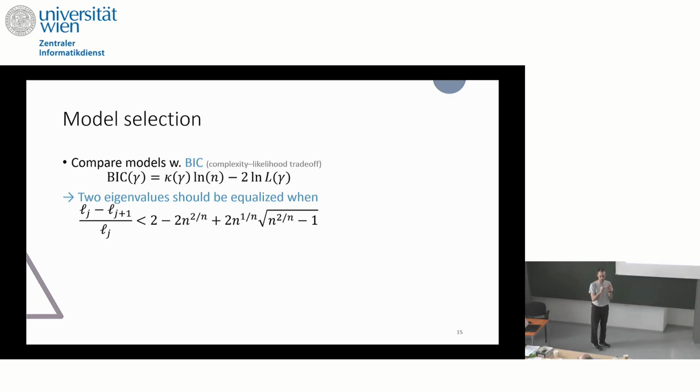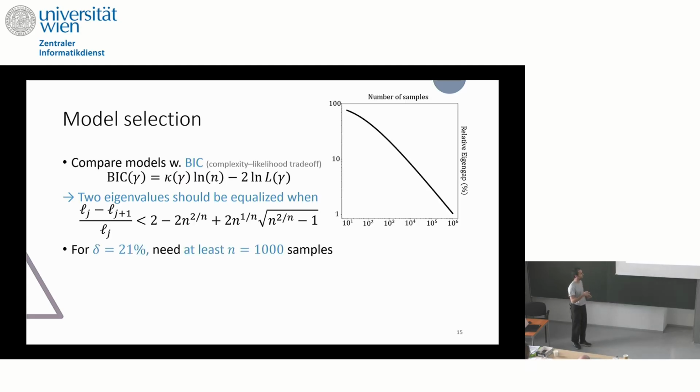when we have two eigenvalues whose relative distance is lower than a certain threshold, depending on the number of samples, then we should assume that they are equal. So this threshold as a function of the number of samples is represented here on the right.